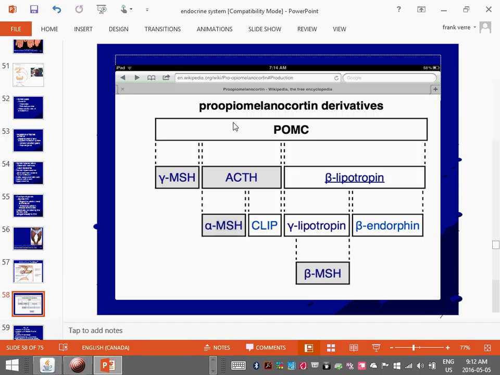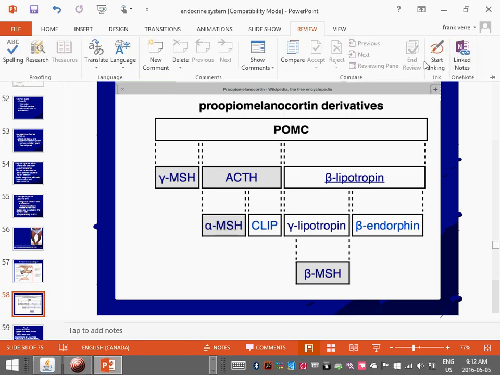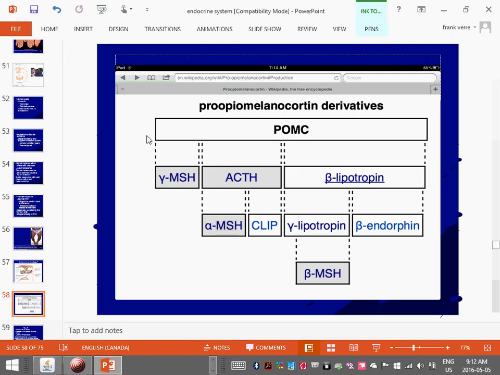Well, here's the thing about ACTH. You'll notice that this here is a chemical that becomes different things. The body converts them into different things, including ACTH. Now, the ACTH then becomes converted into different things.